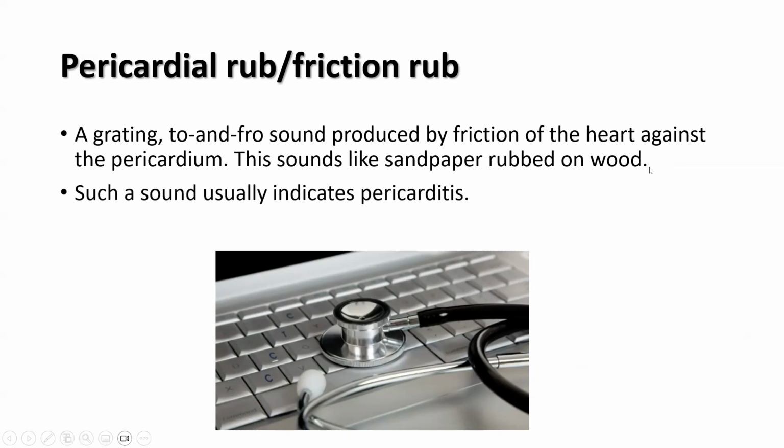Such a sound usually indicates pericarditis. When the heart moves during systole and diastole, then these two rub surfaces rub against each other and produce such a rough sound, and that is called pericardial rub or friction rub.